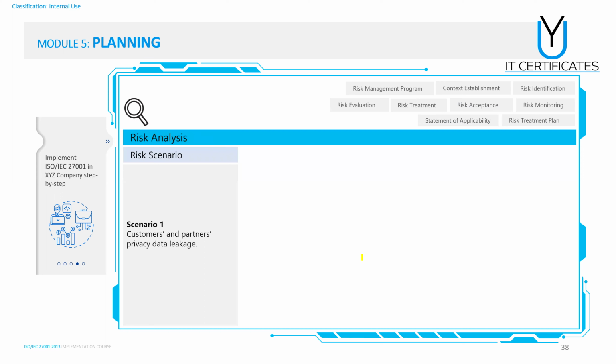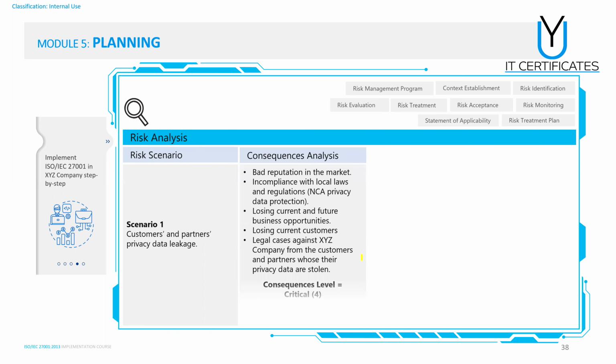Okay. For the risk analysis, let's have scenario number one, or risk number one: customers' and partners' privacy data leakage. What is the consequence analysis? What is the impact on the company?